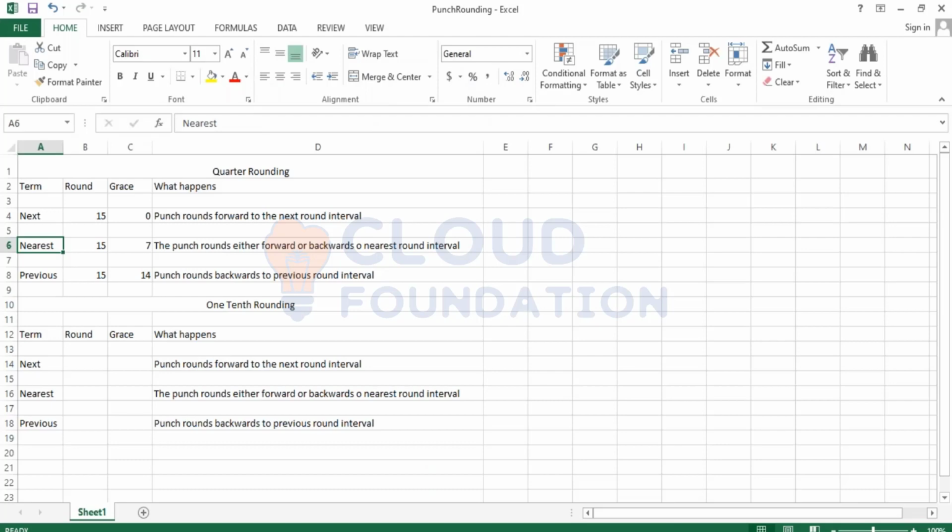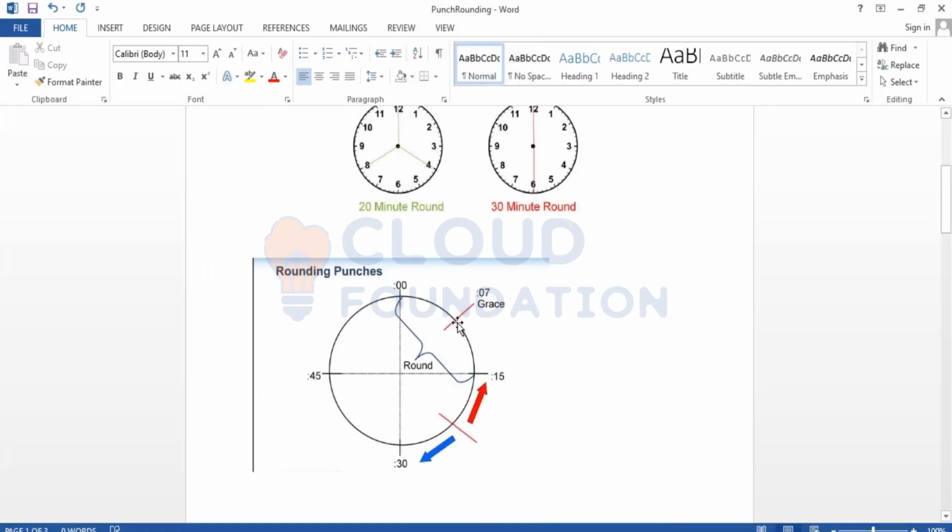Next option is nearest. Here the grace is half of your round. In our case, our round is 15, right? So our grace is 7. What happens is this is going to break up into two segments, say this one and this one. If you punch anywhere in this belt, the punch is going to go back. And if you punch anywhere in this belt, the punch is going to go forward. The last term is previous.